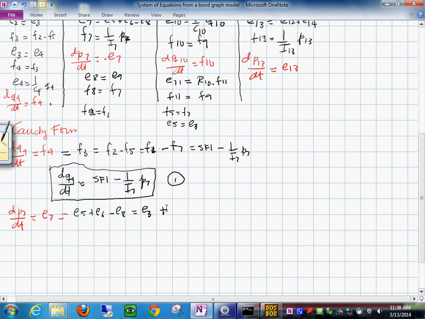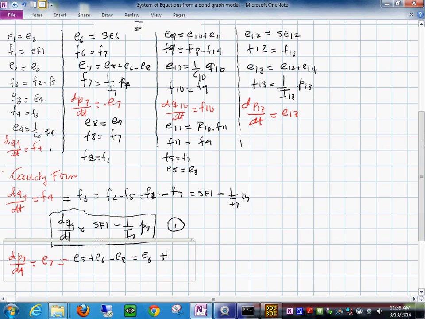And then you have E sub 6, which is what? E sub 6 is SE6, right? And then plus E sub 8, which is E9. Yeah. I think perhaps we'll use one more of the spacing here.